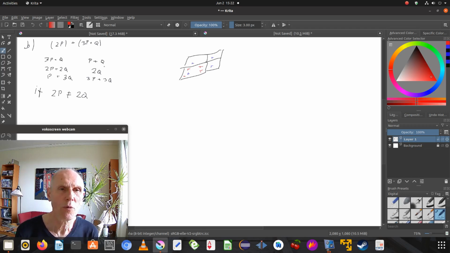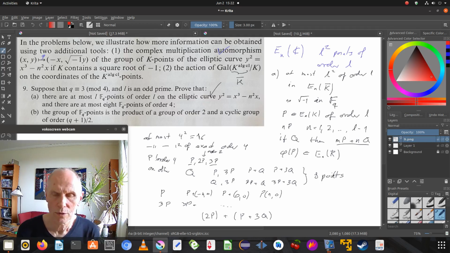So there are 4 points giving 2q when doubled. One of them is q, of course.